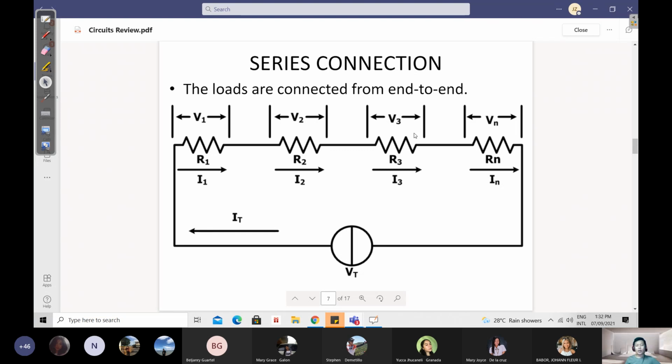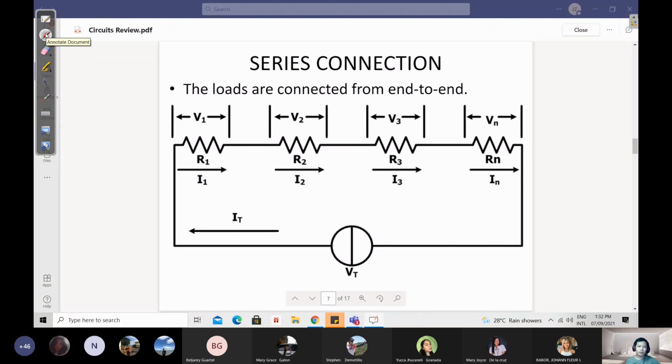It's easy to explain series or parallel connection when using resistors. In a series connection, the loads are connected from end to end. That's why it's called end to end. This end of this resistor R1 is connected to one end of resistor R2, and the other end of R2 is connected to one end of resistor R3, and so on and so forth. Now, let me give you an example.